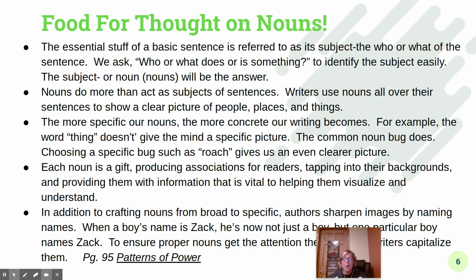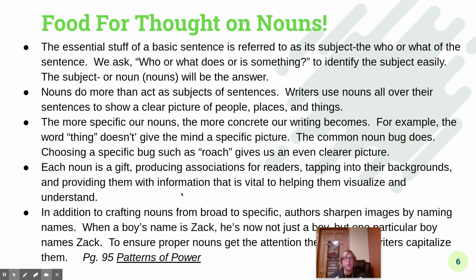Now we're going to talk about nouns. This is something you've talked about since early days of elementary school. I'm not going to read this whole slide. I'm going to summarize it a bit. When we're talking about nouns, you might again think, well, this is really a simple thing. But we have a lot of choice when we're writing. And when we think of the particular nouns that we want to use, it's super important that we think of what we want our readers to picture.